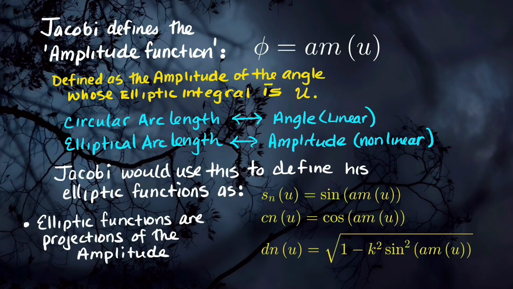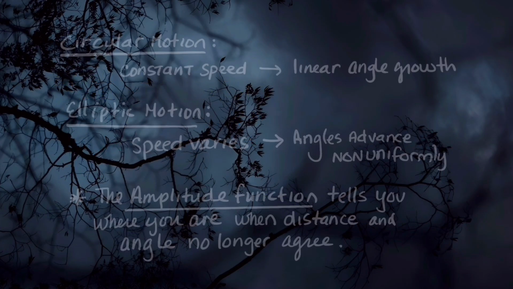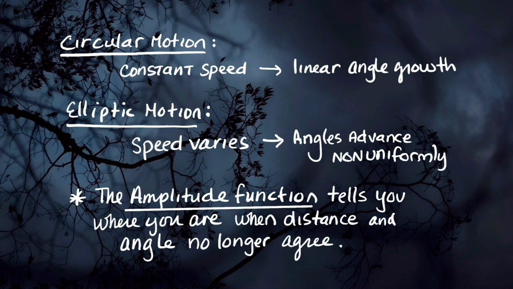So the amplitude is really just the angle, but an angle that does not move in a linear way, it reacts in a non-linear way. So elliptic motion speed varies, and therefore the angle advances in a non-uniform way. The amplitude function tells you where you are when distance and angle are no longer in agreement.